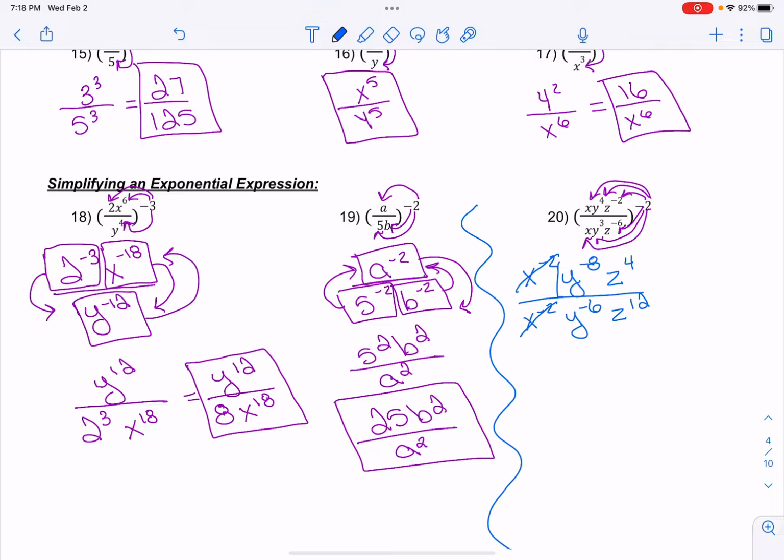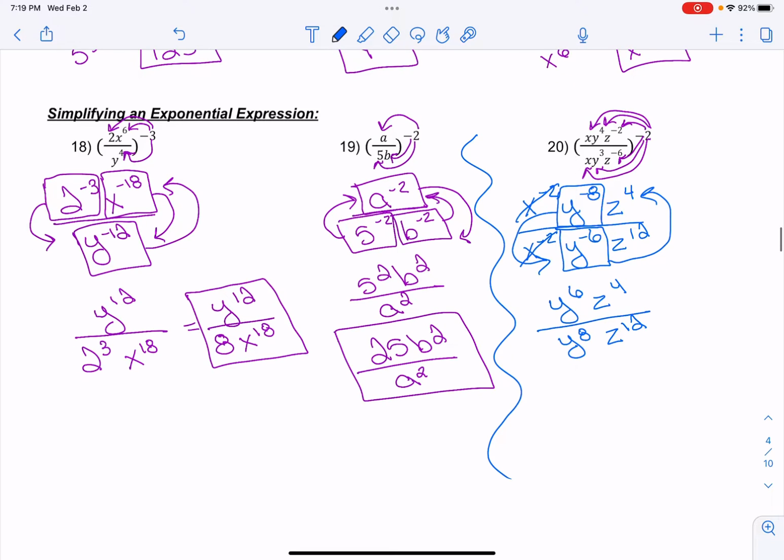But then we have this y to the negative 8 and y to the negative 6. So that y to the negative 8 has to move down, and that y to the negative 6 has to move up. The z's stay in place because they are positive. And now notice we have y up top and y below.